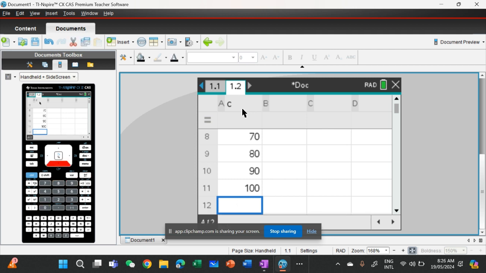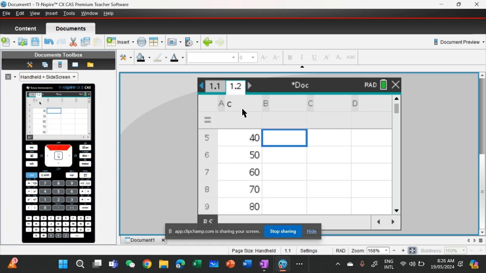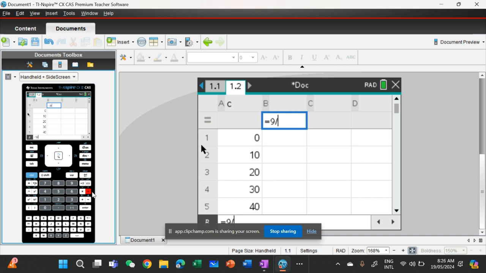Then in the second column B, in the second row, tab 9 divided by 5 multiplied by C plus 32.